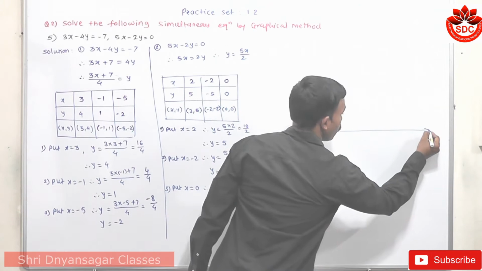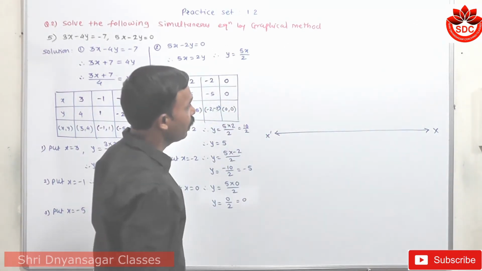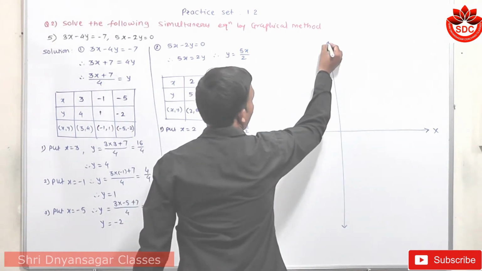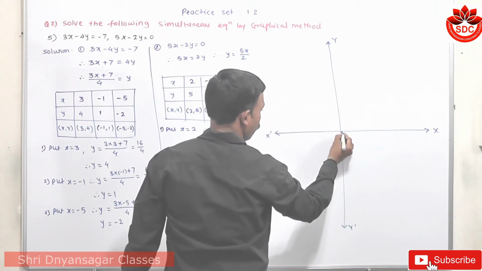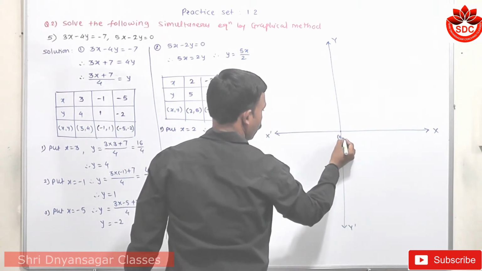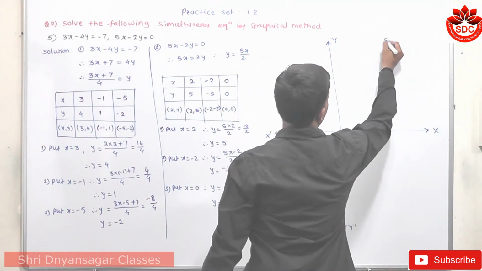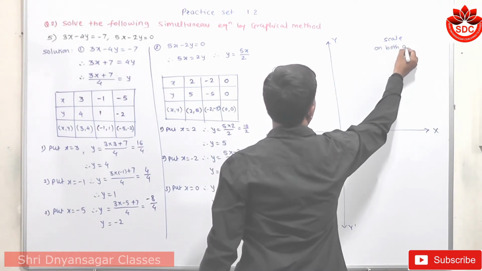This is the horizontal line named the x-axis. Here is x dash also, take it here. Then this is the vertical line named the y-axis, y dash. This is the origin having coordinates 0 and 0. Now always write the scale on both axes.